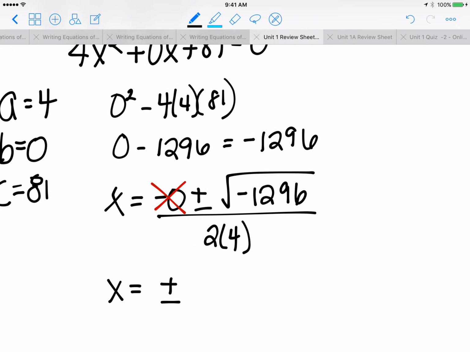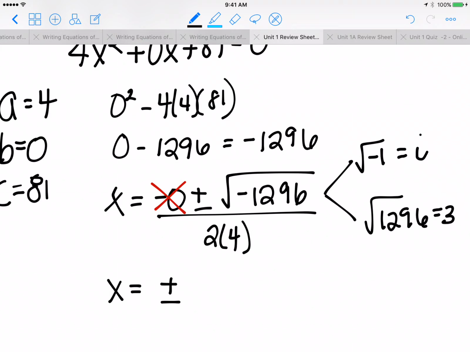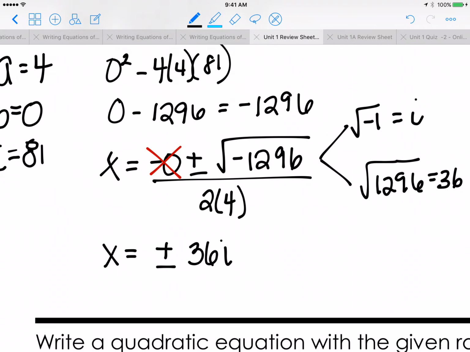We have plus or minus, let's see. The square root of negative 1,296: we have a negative 1, square root of negative 1 is i, and the square root of 1,296 is 36. So we get 36i all over 8.